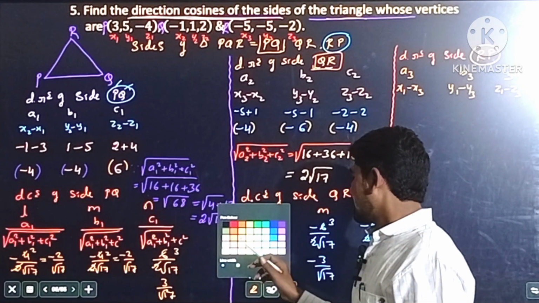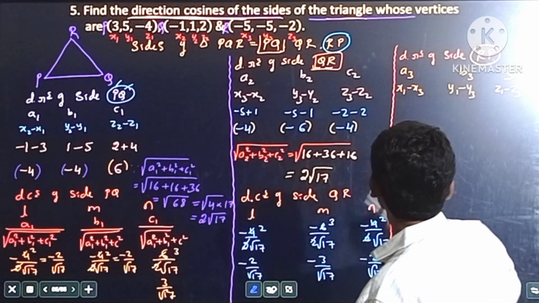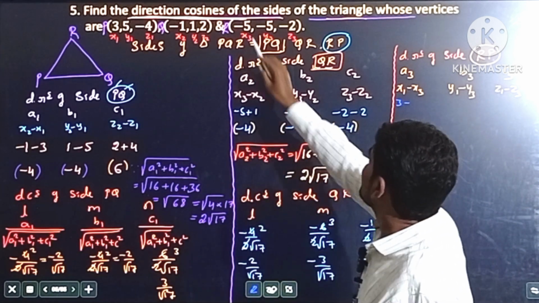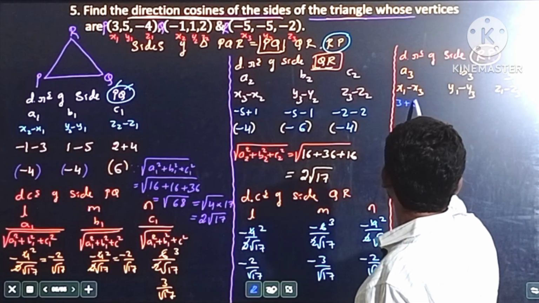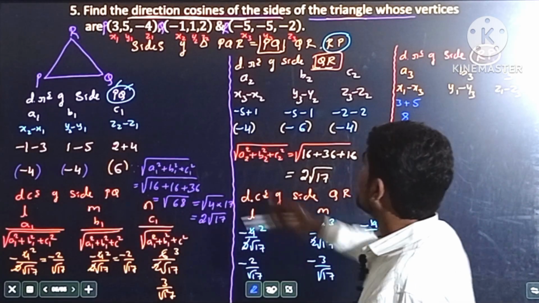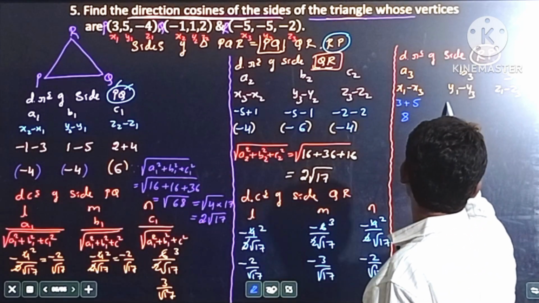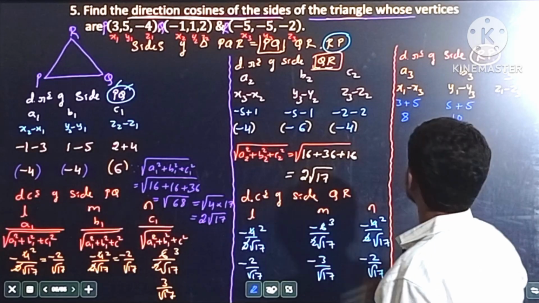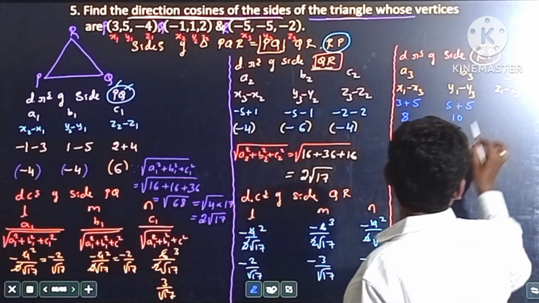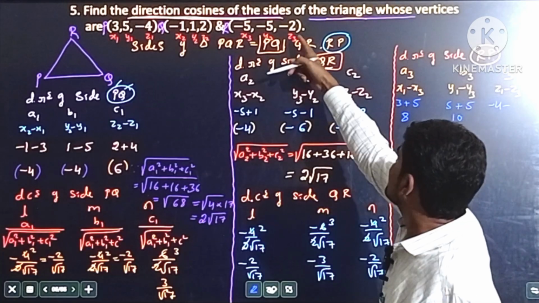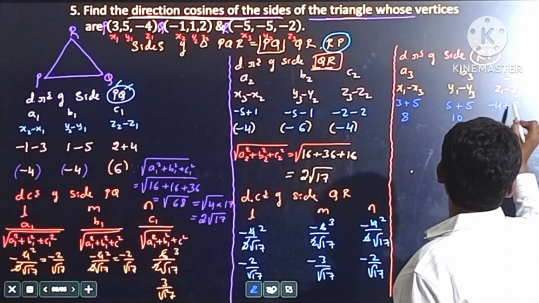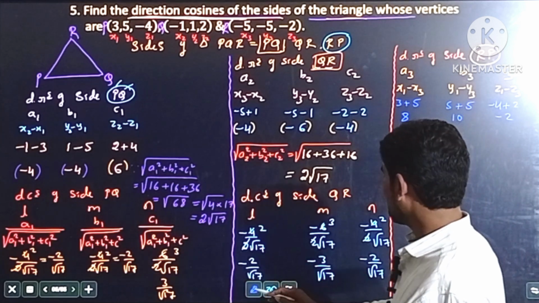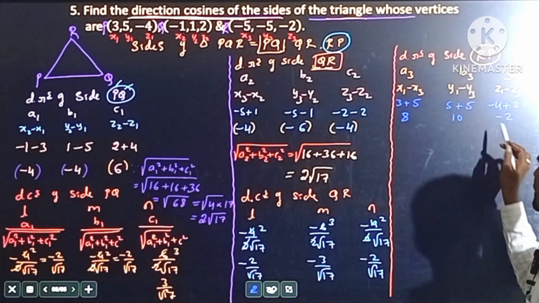So the value of a3 is x1, which is 3, minus x3, which is minus 5, so minus into minus is plus 5, so 3 plus 5 is 8. The value of y1 is 5 minus y3 which is minus 5, so 5 plus 5 is 10. The value of z1 is minus 4 minus z3 which is minus 2, so minus 4 plus 2 is minus 2. Hence the direction ratios of the side RP are 8, 10, minus 2.